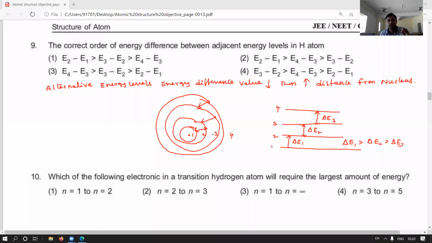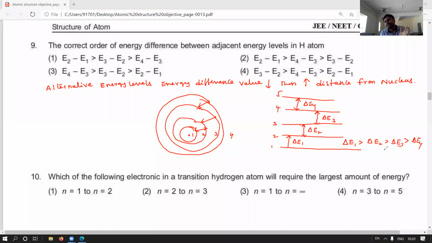So in successive energy differences in successive energy levels, 1 to 2, 2 to 3, 3 to 4, 4 to 5. Maybe you take 5, then the energy difference between 5 and 4, that is delta E4, is less when compared to delta E3, because the energy difference value decreases with increasing distance from the nucleus.